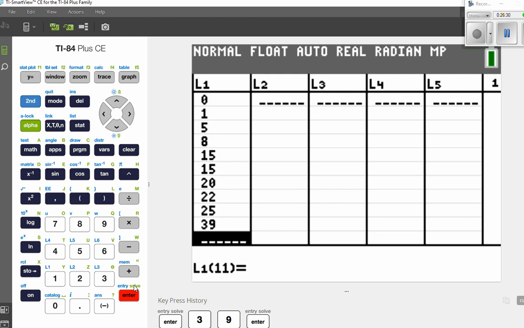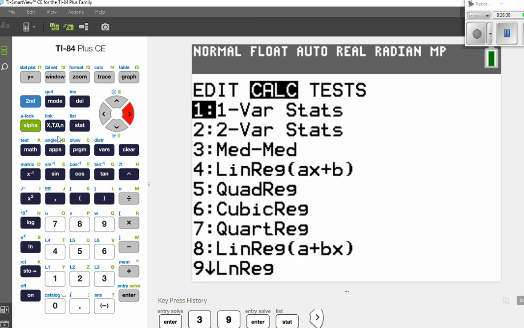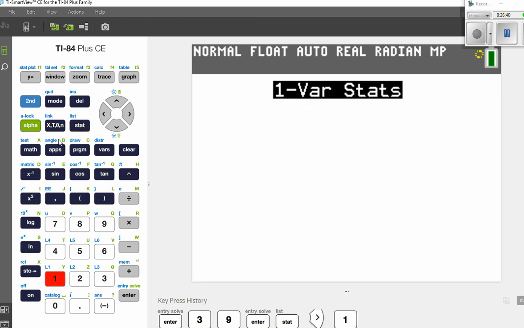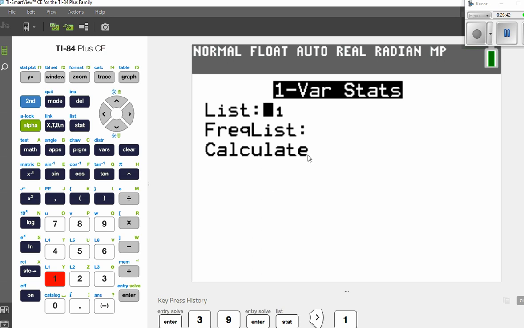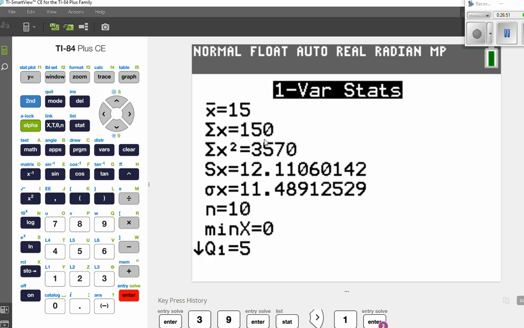Okay, so now what I can do is go back to my stat, and I'm going to go over to calculate one variable statistics. I have no frequency, so I'm going to calculate this. And then it tells me right here my mean is 15, so that's perfect.